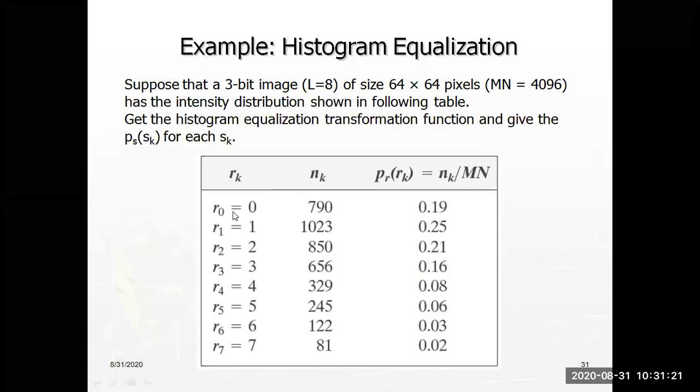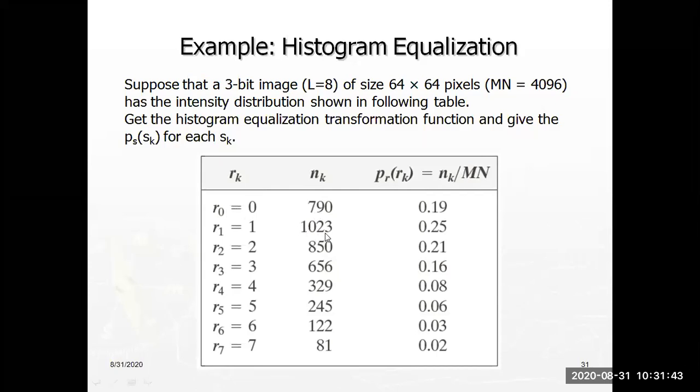R0 equal to 0 value. This is my one scale value out of mn pixel values. Out of mn pixel values, 790 pixel values have R0 equal to 0.